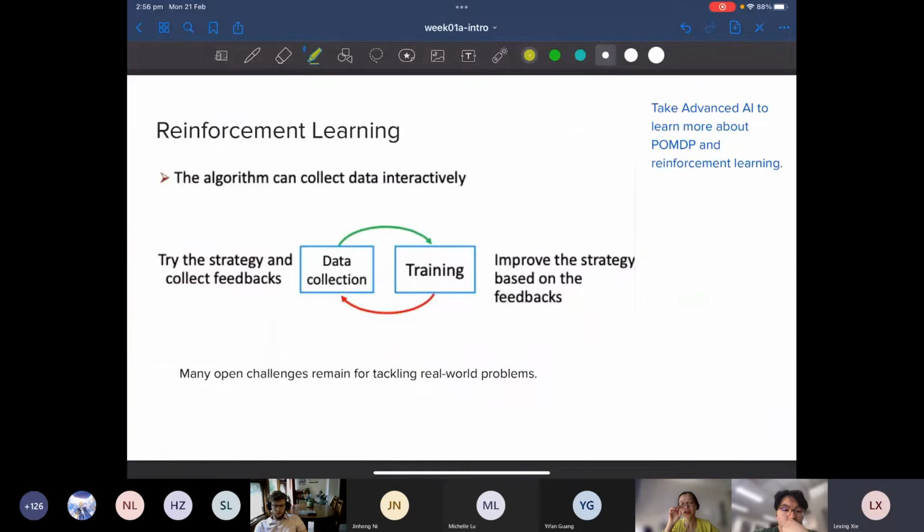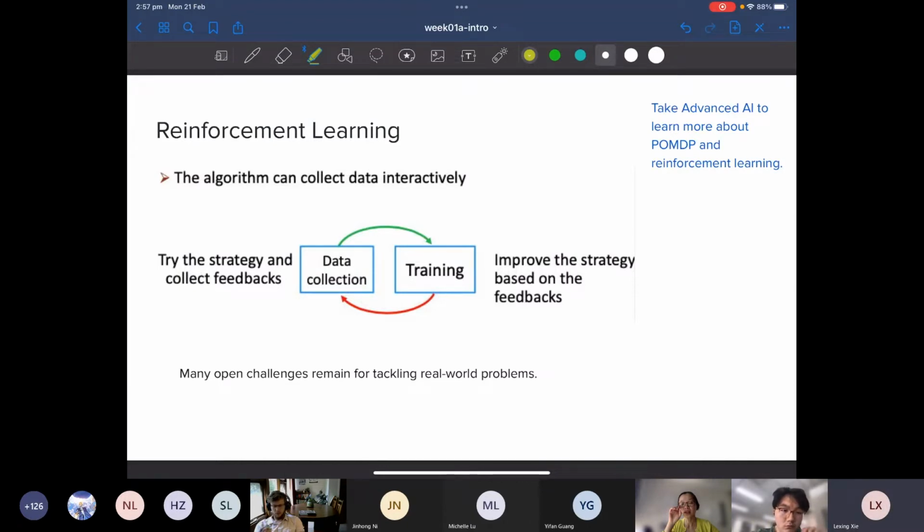Right, so since we were talking about reinforcement learning and AlphaGo and so on, one simplified view of them is a learning strategy that does data collection and training in a loop, rather than having a collection of data that's pre-collected and then trying to learn the decision rule from the archived data.